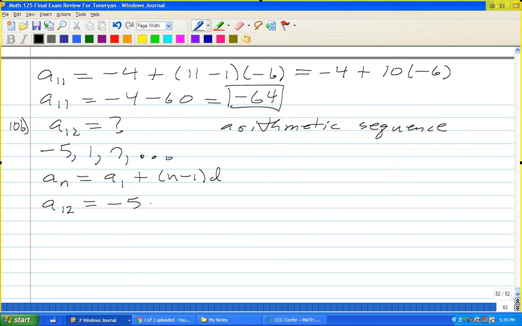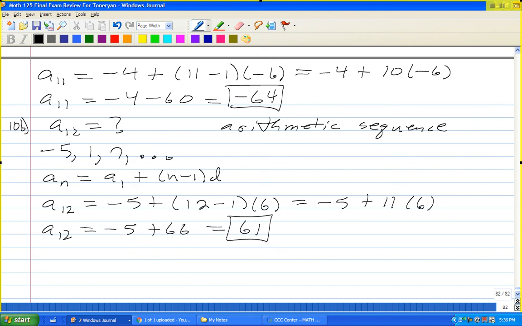The first term is negative 5. So a sub 1 is negative 5 plus n, 12 minus 1 d. Well, the common difference, I keep adding 6 to get to the next term. And so negative 5 plus 11 times 6. And so negative 5 plus 66 is 61. So the 12th term in this sequence is 61.